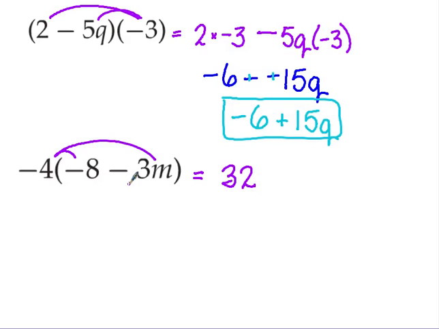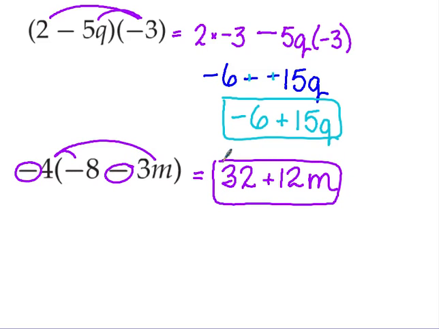What is negative 4 times negative 3m? 12m. Now the reason why it's a positive is because I have a negative here and a negative here. So if you can do it without writing that step down, great. If you have to write that first step down, that's fine as well. Okay, it's whatever works for you.